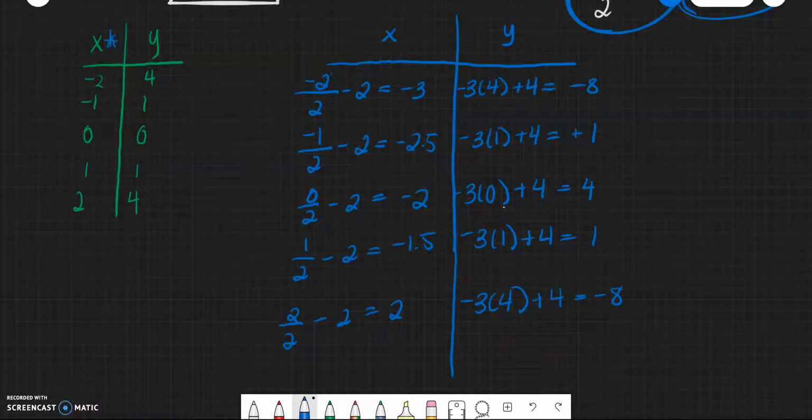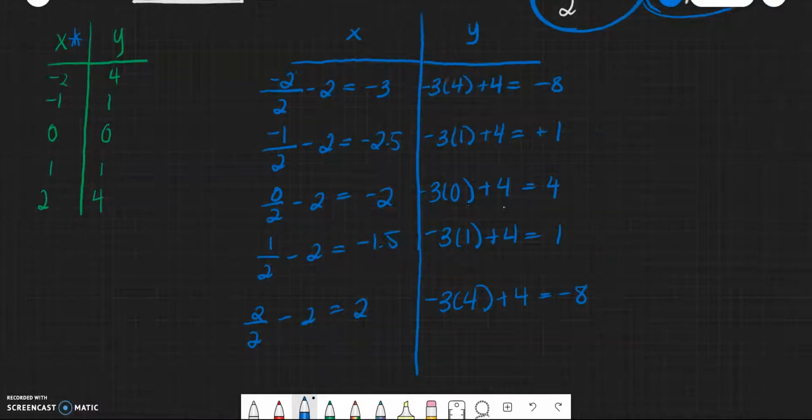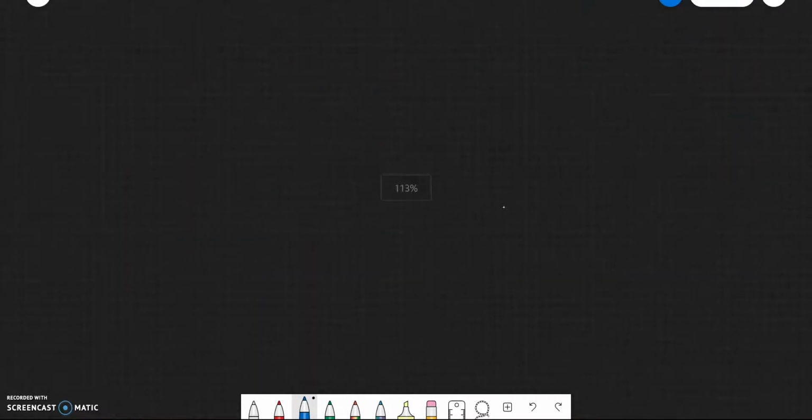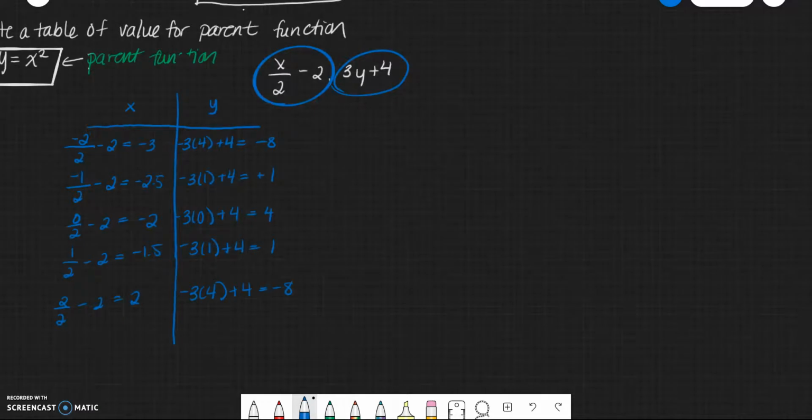Now, these are my new values for my new function, or my transformed function. I'm just going to draw it in. Like I said, these are going to be my new table, so this is my table of values that I'm going to graph. Because it looks a little bit messy there, I'm just going to draw it out again for you.